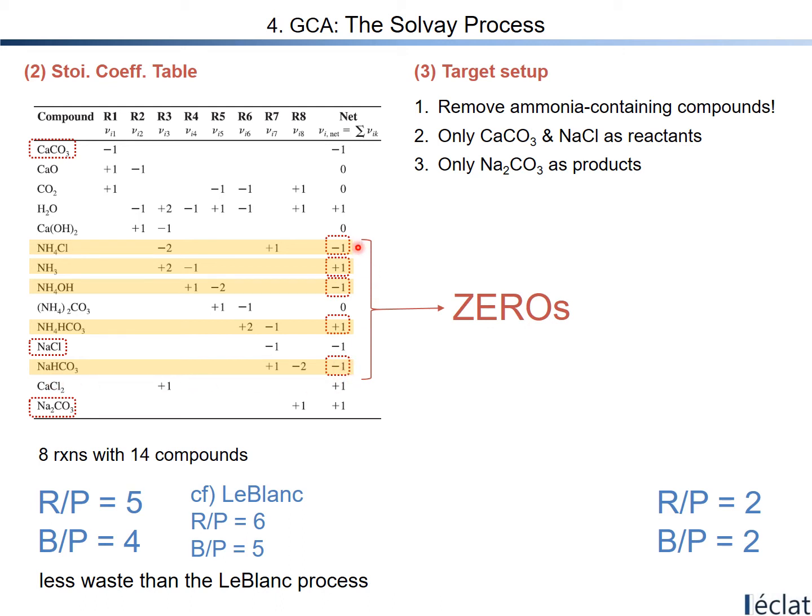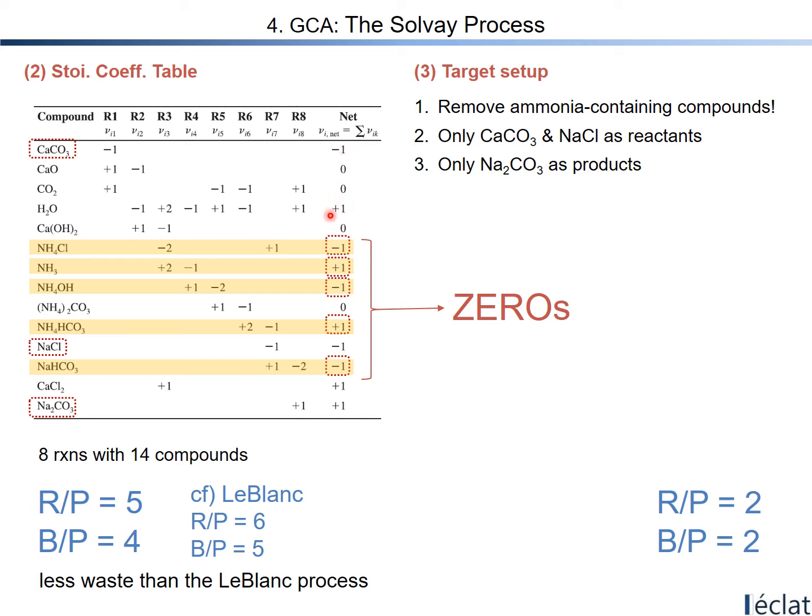So after making those things 0, then what is the value of RP? Let me check the minus sign: minus 1, nothing, 2. So 2 over 1 is equal to 2. And then how about byproduct? Byproduct, check the positive sign.